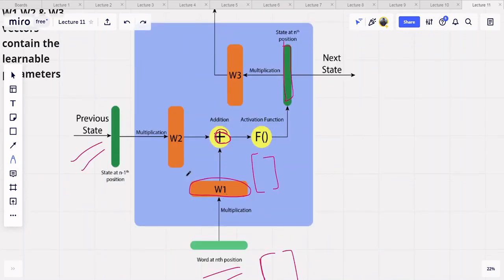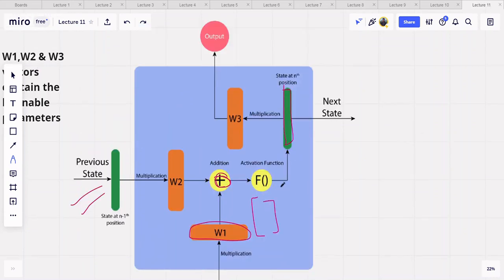The input vector is multiplied with w1, the hidden state is again multiplied by w2, and the result of both multiplications is added and sent through an activation function, where we get another vector, and this vector is our new updated hidden state. Then this updated hidden state is again used to create the output of this recurrent cell, and again it is passed as input to the next word.